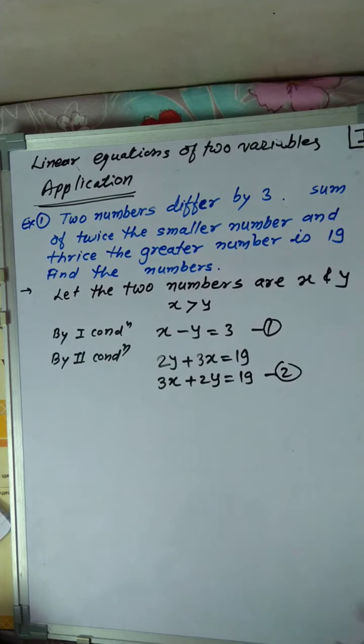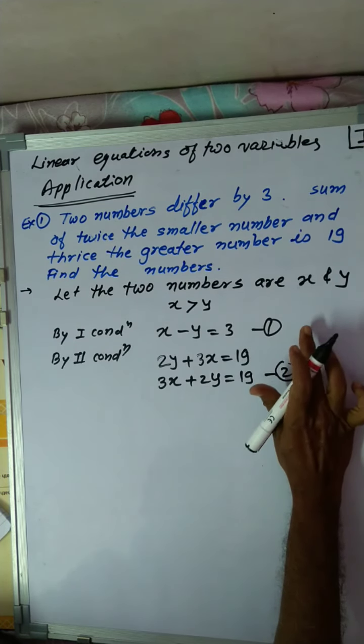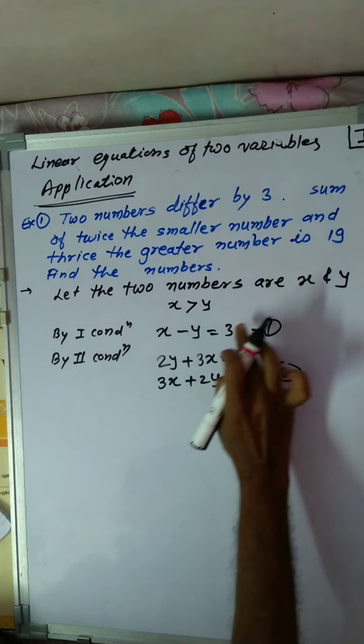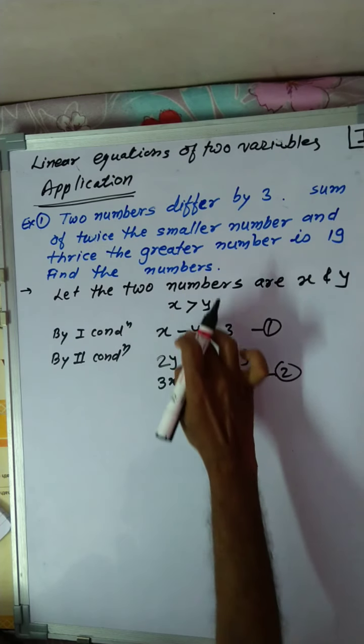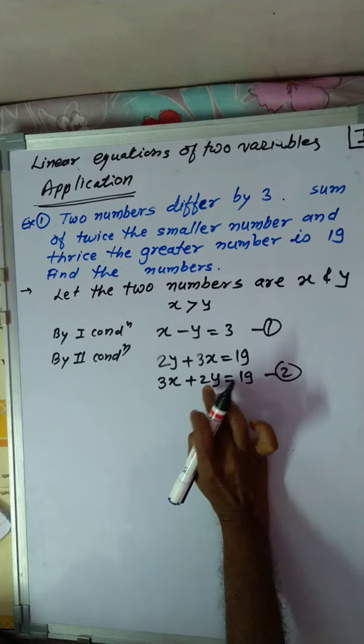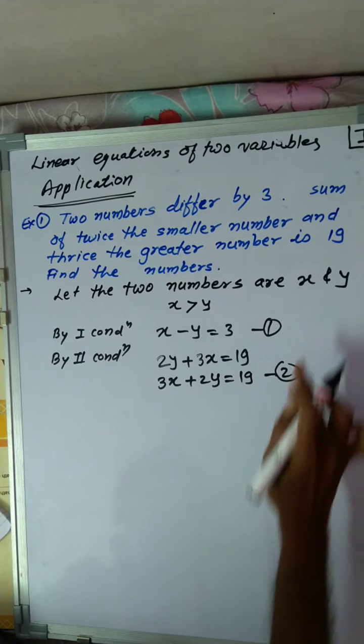Now we have two equations. We can solve these simultaneous equations by any method. For equating coefficients, we make the coefficient of y the same. Here we have to multiply the first equation by 2.